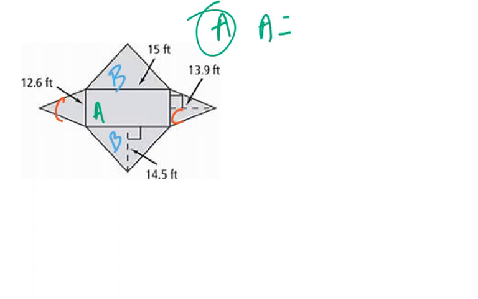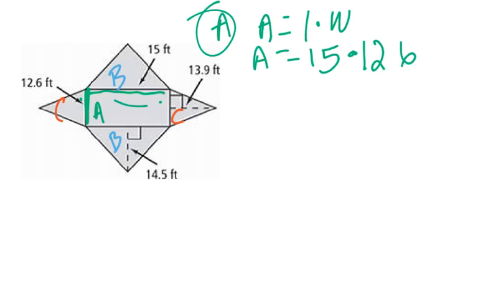We're going to start with the area for the rectangle. Formula is length times width, of course. If you take a look at the arrow, the 15 is pointing to this edge here, which is my length. And this arrow is pointing to this width, which is my width of the rectangle, which is 12.6.